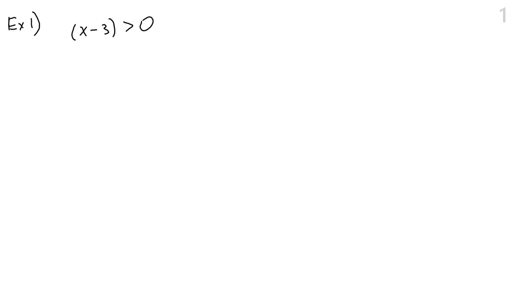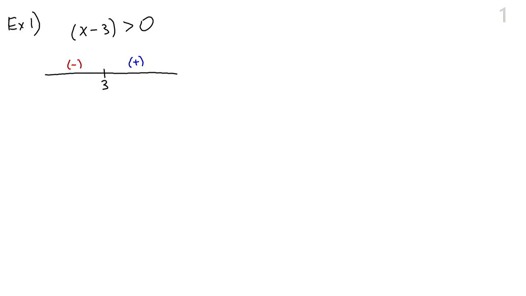So if we are asked to solve something like this and graph the solution, well, x minus 3 is greater than 0. When is it possible for x minus 3 to change sign? Well, it can only change sign at 3. If it is on the right side of 3, it's going to be positive. If it's on the left side of 3, it's going to be negative.